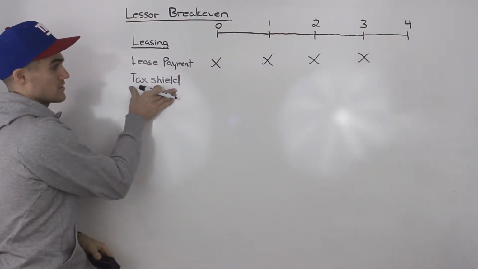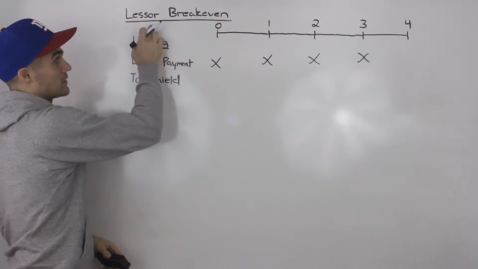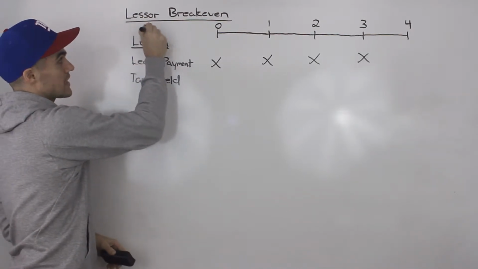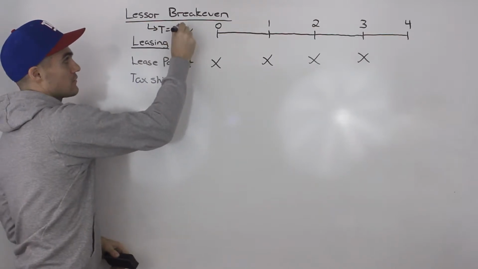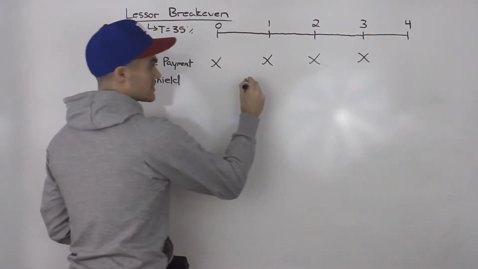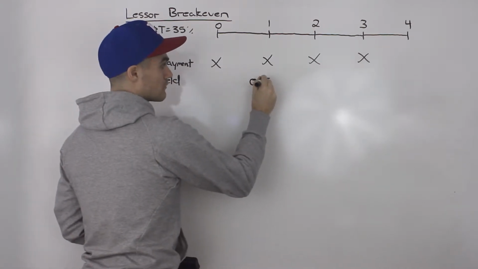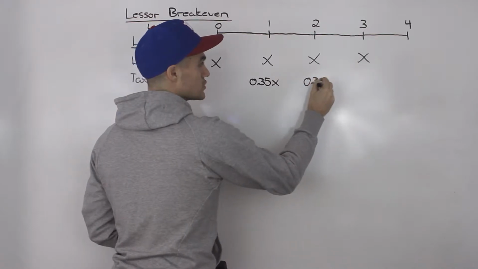And the tax shield is always equal to the lease payment multiplied by the tax rate. And because we're dealing with the lessor in this case, we know the tax rate for the lessor is 35%. So the tax shield is just going to be 0.35x at the end of each year.